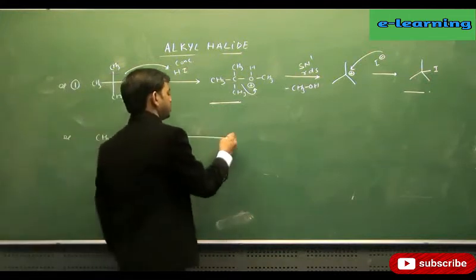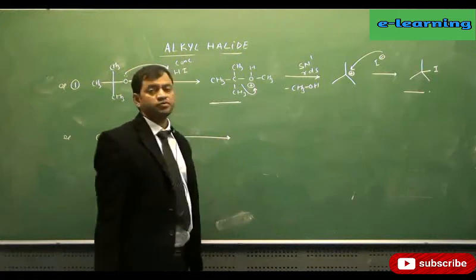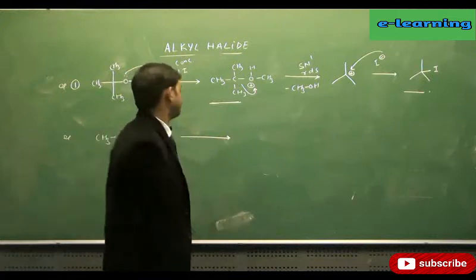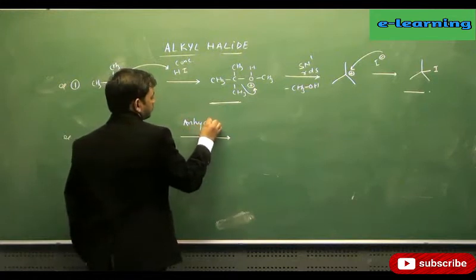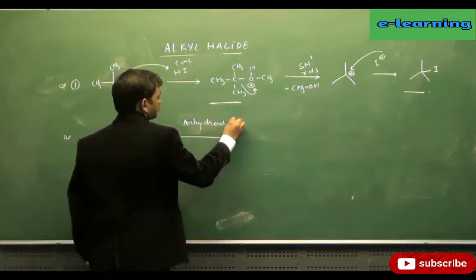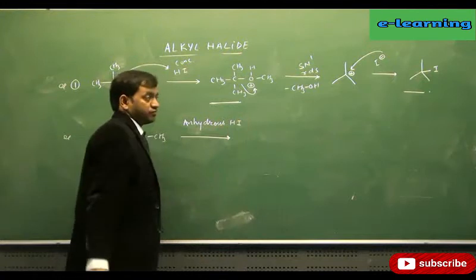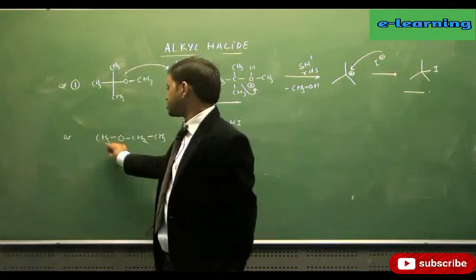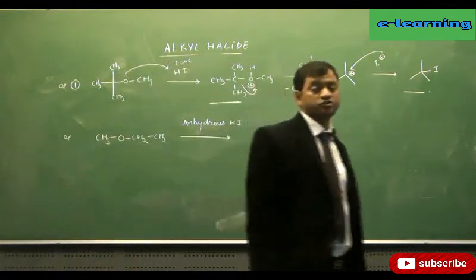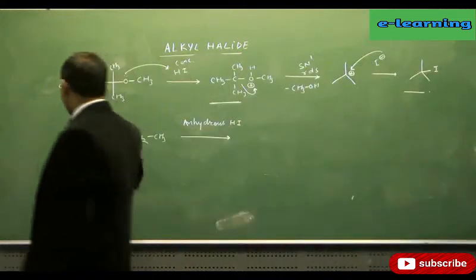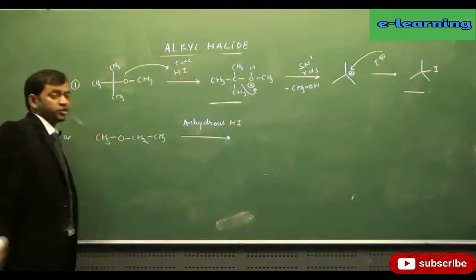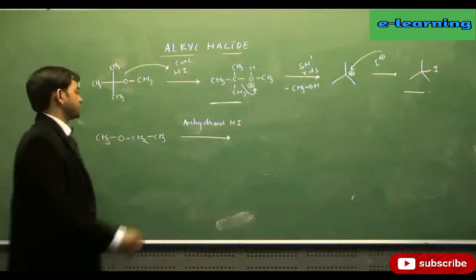In general, anhydrous HI is followed by SN2. But if any one of these alkyl is 3 degree, in that case also it follows SN1. In case of 3 degree, SN1. In case of 1 degree and 2 degree, it follows SN2.